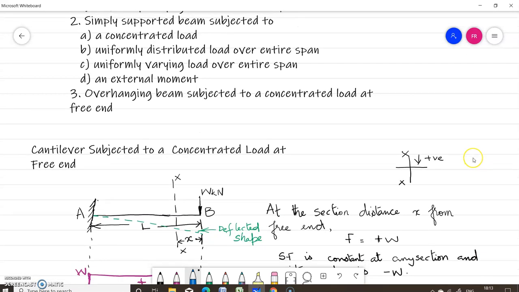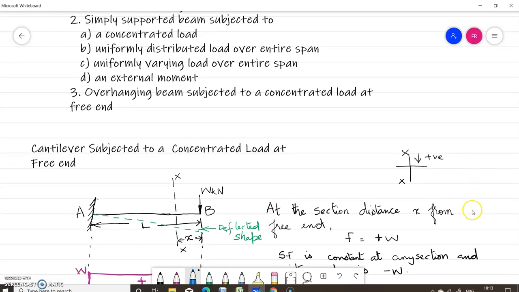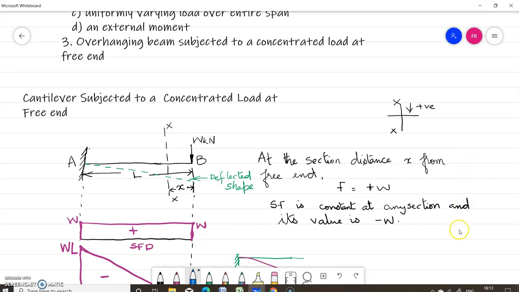Then you have to study the overhanging beam subjected to a concentrated load at free end.